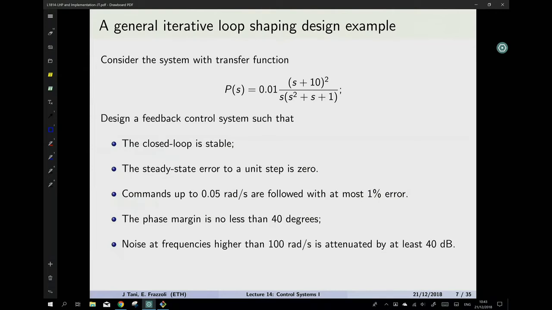So it's great. Then you look at the zeros, which are the solutions of the numerator. And they have a negative real part, right? There are two zeros at -10. This means the system is minimum phase.